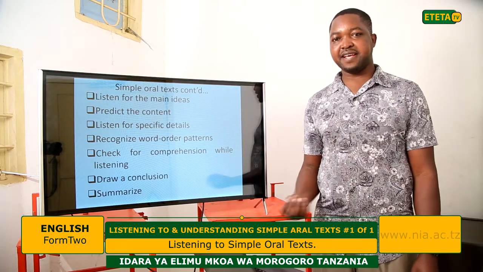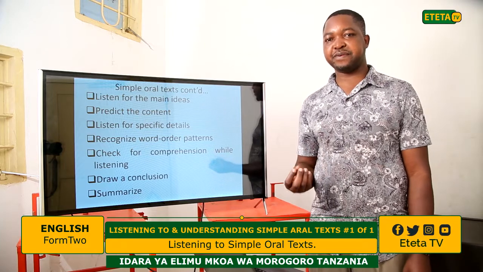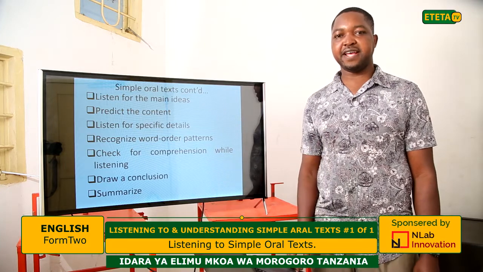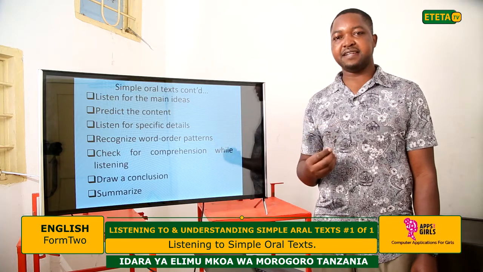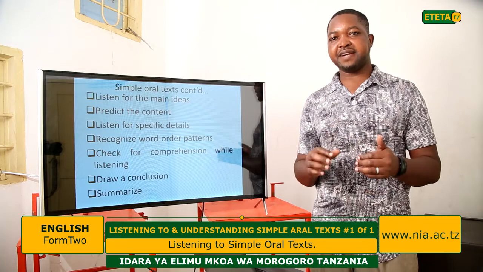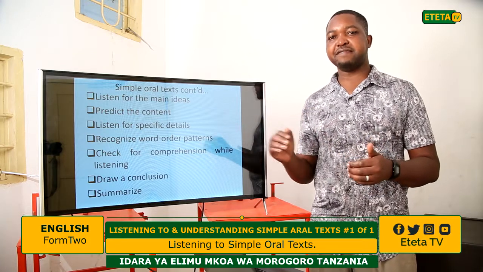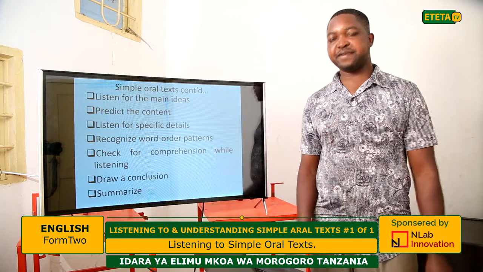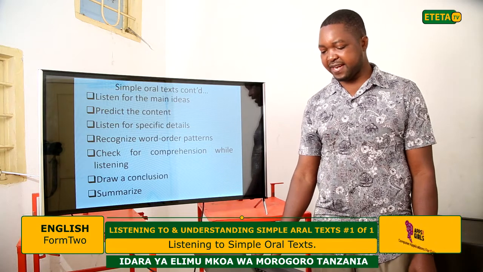If you don't have them, it becomes very difficult for you to write a summary of what you have read. But if you noted those important information, if you really picked out specific information, it will be very easy for you to summarize what you have heard.